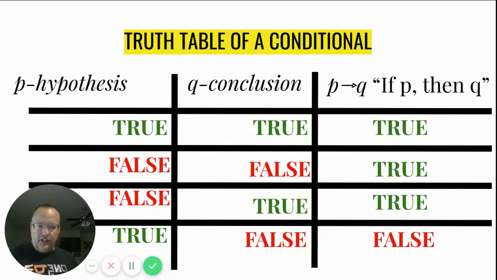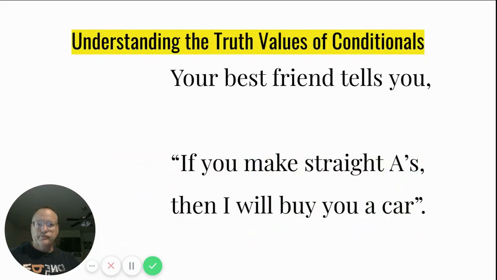Remember, this is logic, and we're dealing with true and false outcomes. Let me give you this little scenario that hopefully will make it easier to understand. Say your best friend tells you, if you make straight A's, then I will buy you a car.